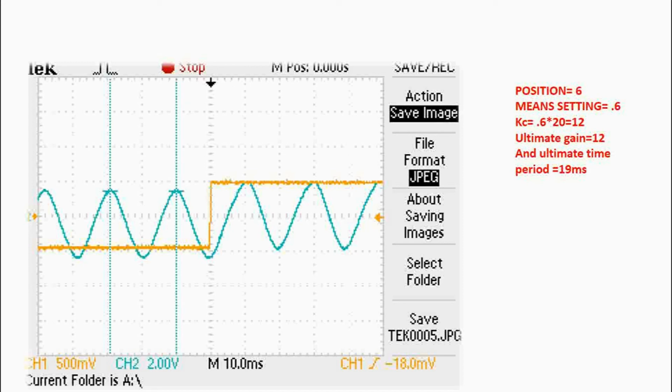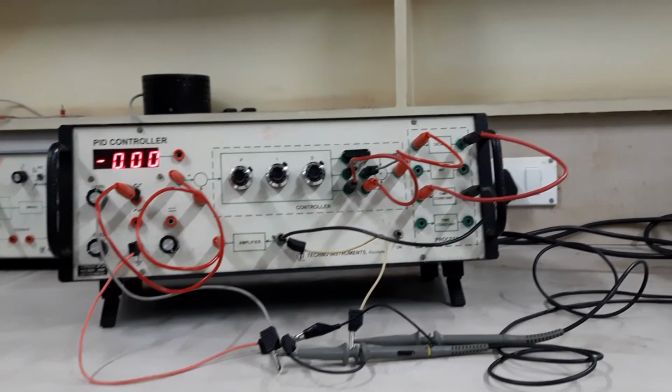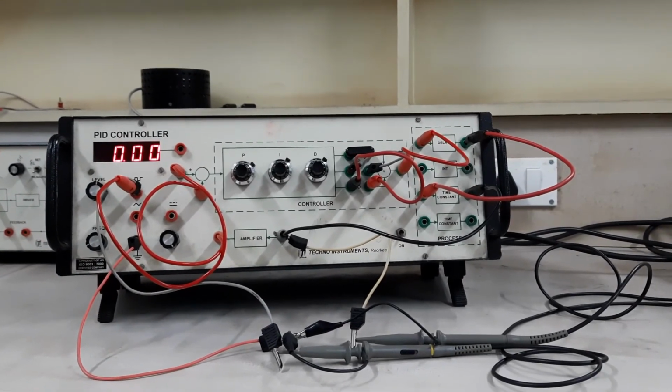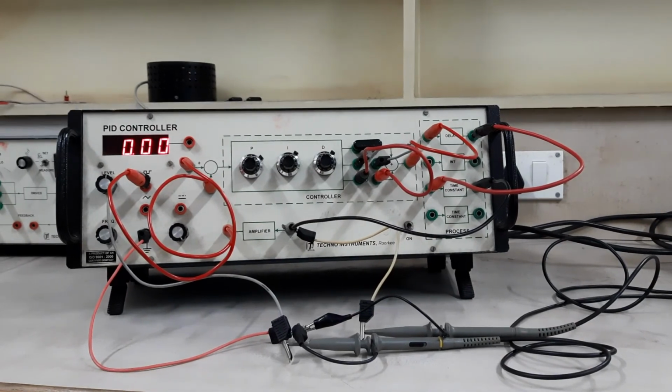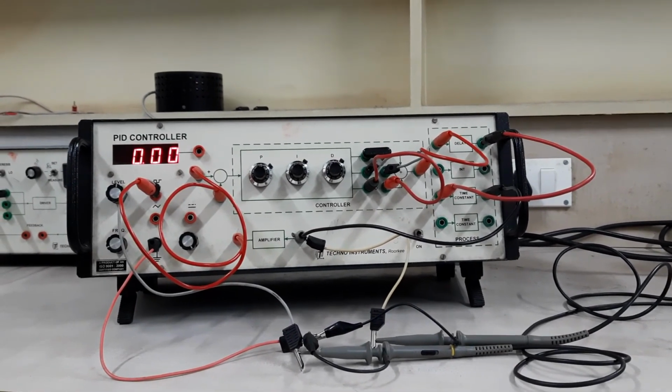So using this Kcu and Pu, we have to find out the PID values of the continuous cycling method. This is our connection for the continuous cycling method, and the connection is the same as our trial and error method.